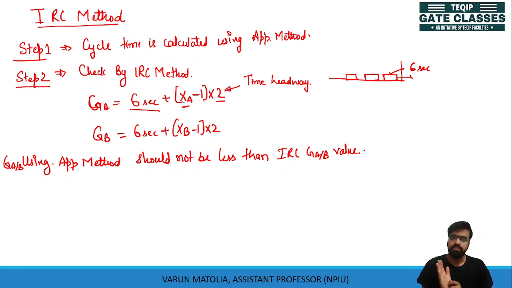If this check is okay, another check is applied, that is from the Webster method.